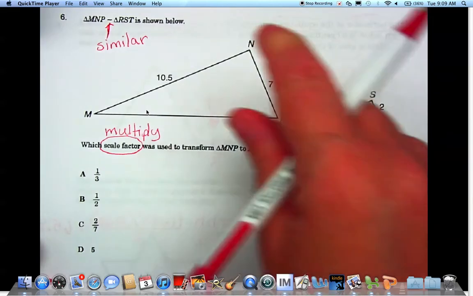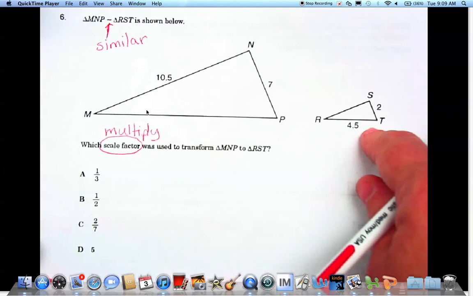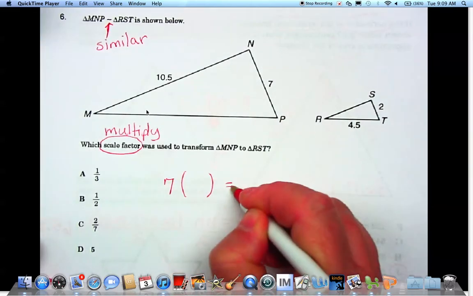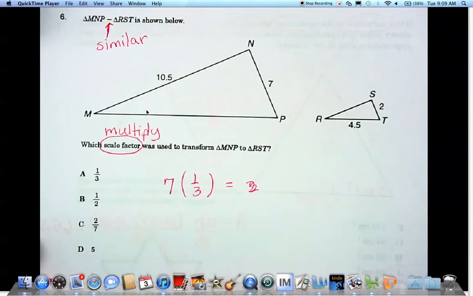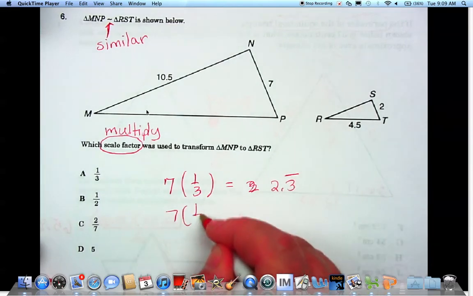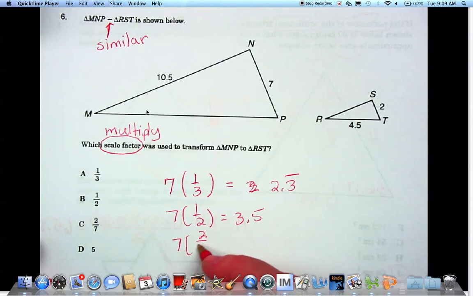So what do you multiply the original triangle by to get the new triangle? What do you multiply 7 by to get to 2? 2/7. Does 1/3 work? You get 2.3. How about 7 times a half? No, you get 3.5. And then 7 times 2/7.